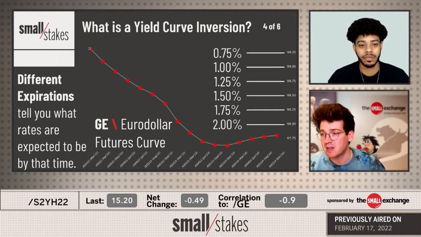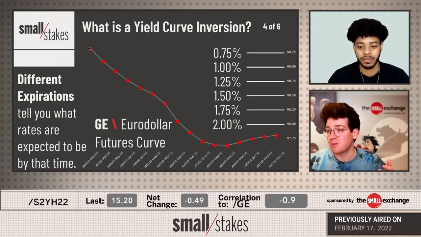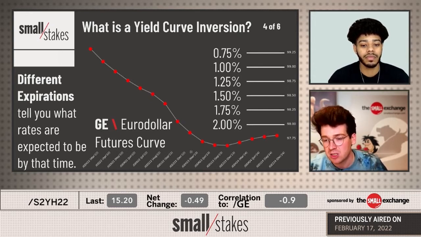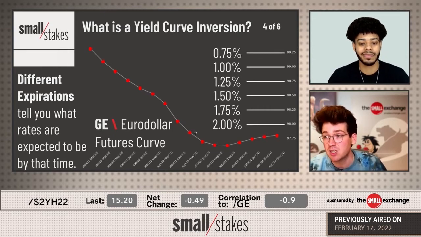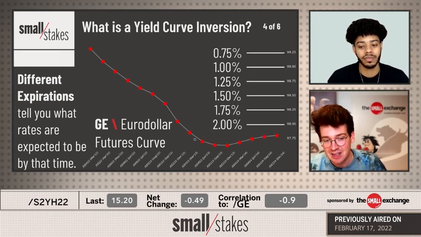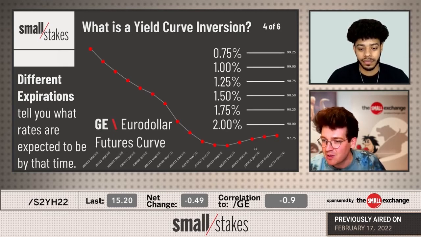There's a Fed meeting coming up and everyone's talking about whether they'll hike rates by 50 basis points or 75 basis points. The market is pricing right in line with that in the Eurodollars here. But they're expecting by December of this year it could get up to 2%, and the prices reflect that. Now, what's interesting is, why doesn't this curve just continue to go lower and lower? There's a hump to it.